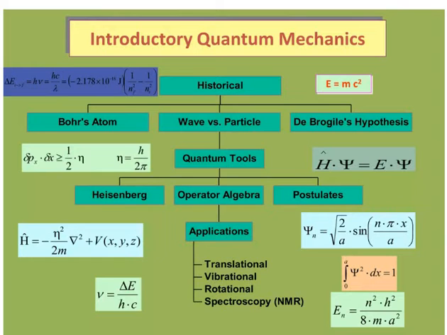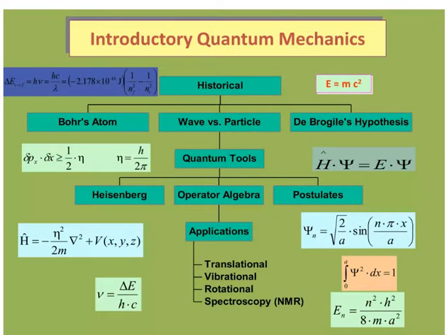Then h nu is equal to hc by lambda. Then you can see H psi is equal to E psi. Then position and momentum uncertainty greater than or equal to h by 4 pi. Then Hamiltonian.